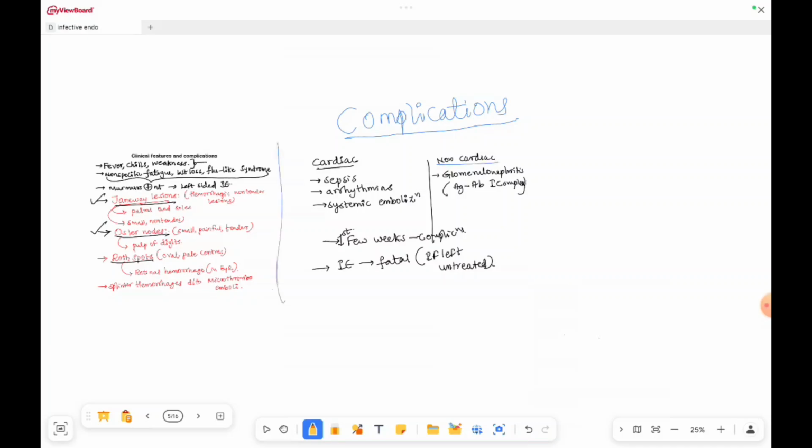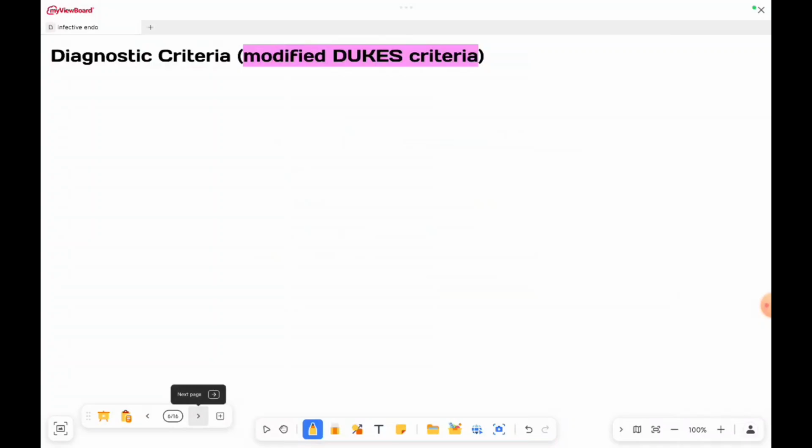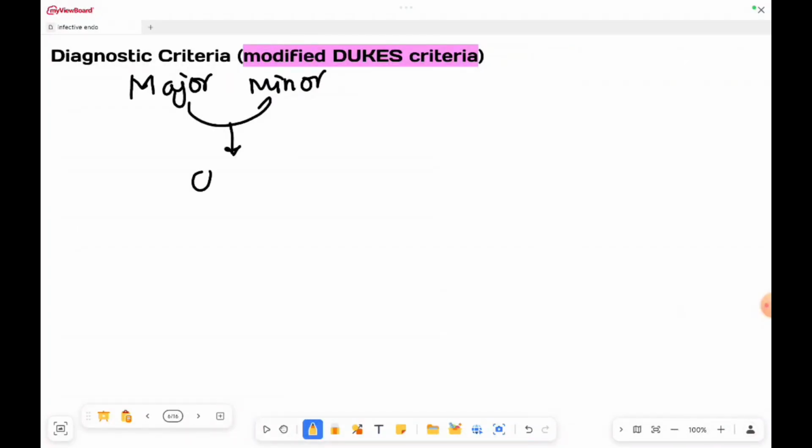So let's jump into diagnostic criteria, which is the last one. So we use modified Duke's criteria to diagnose infective endocarditis. There are major and minor criteria in clinical criteria.